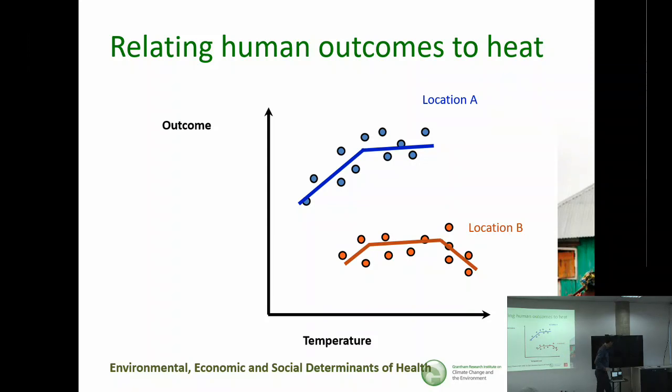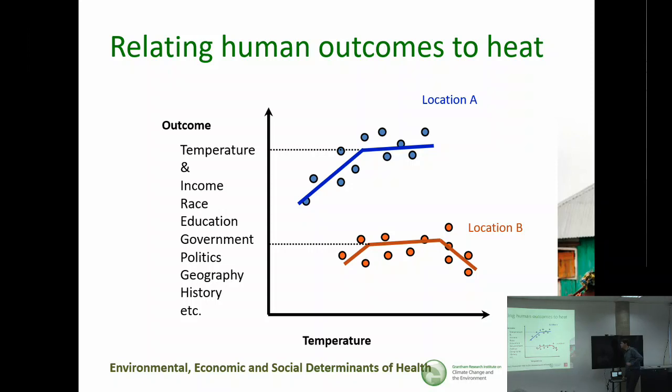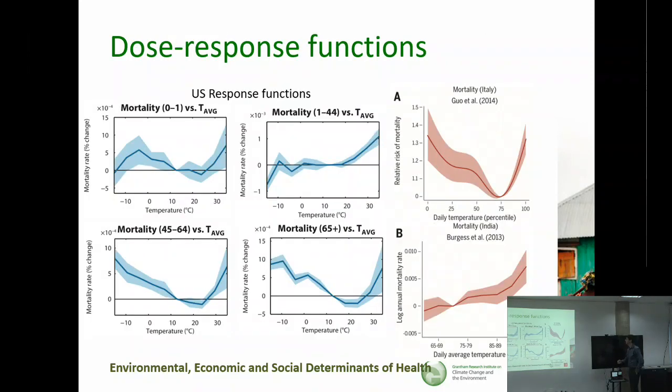And that's what the outcome of this work produces. Functions that are usually nonlinear, they usually have multiple segments, that try to piece together the information from regions of different average temperatures using within-region changes of temperature. And so even though you still have all these different effects, they're not going to stop you from getting out this average response curve in the middle. And I'll tell you what that means right here.